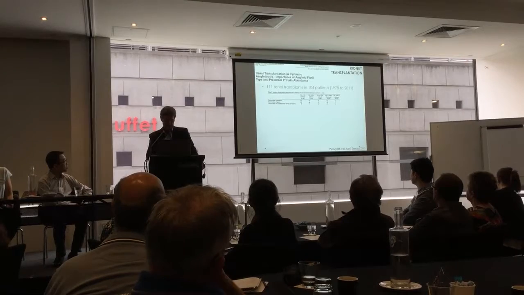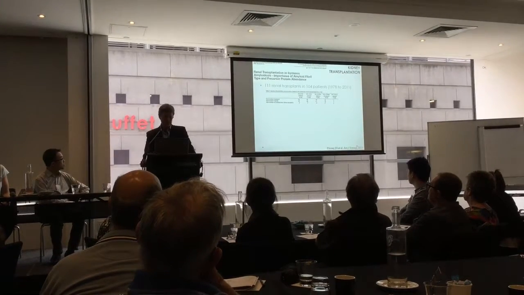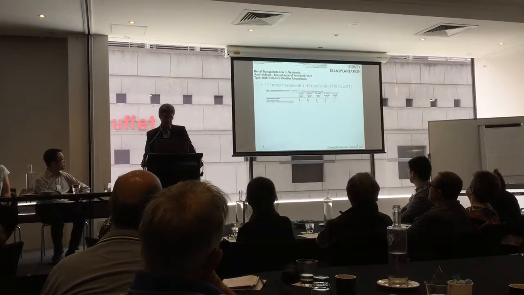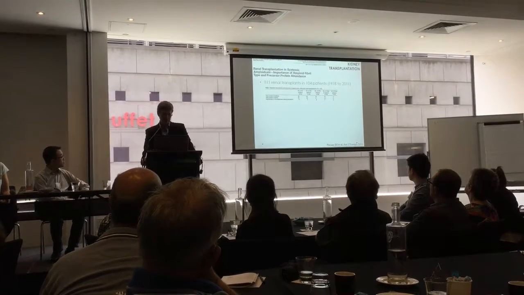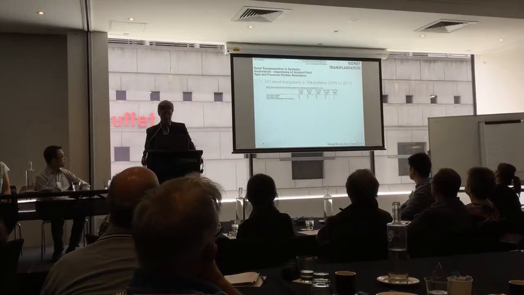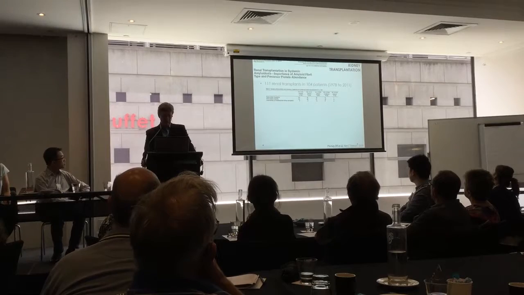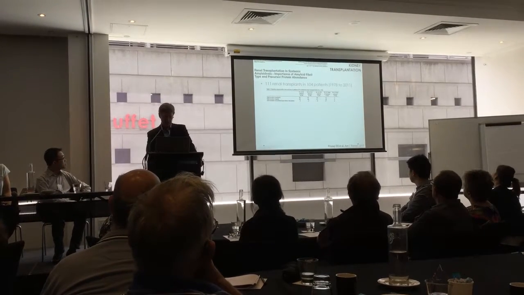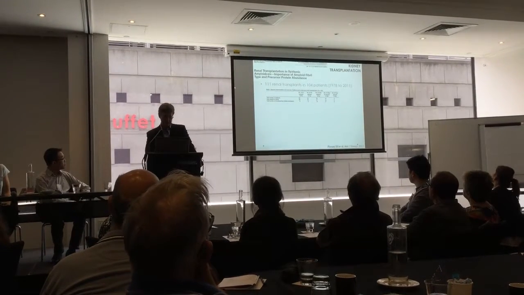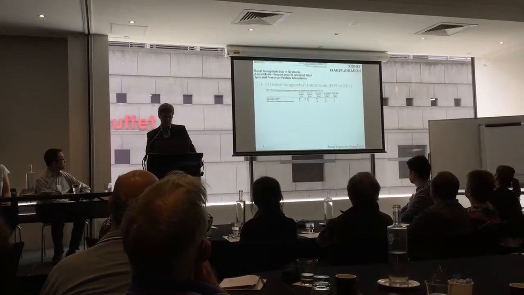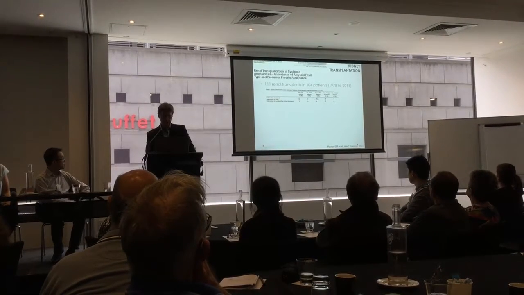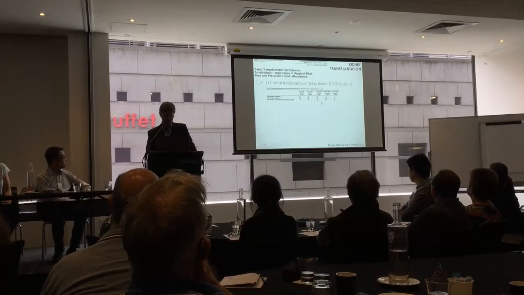I'm going to finish just with this study on kidney transplantation, because it's also worth a mention. This was 111 transplants from 1978 to 2011. If you can see here, there's a whole different range of amyloids involved, 25 AL, 43 AA, and so on. So there was a good range.